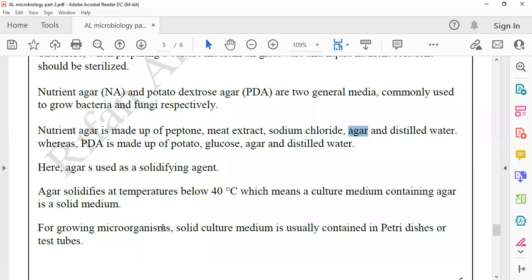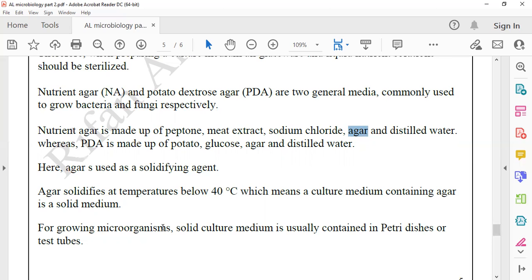Okay, right. And next, agar, I told you, is a solidifying medium. It makes that medium solid. If it is solidified, the bacteria will be growing on the surface of the medium. Otherwise, the bacteria will be penetrating through the entire medium. So solid medium are very important for us. We want the bacteria or fungus to grow on the surface, then only we can observe them. So agar is not a nutrient for the microorganism.